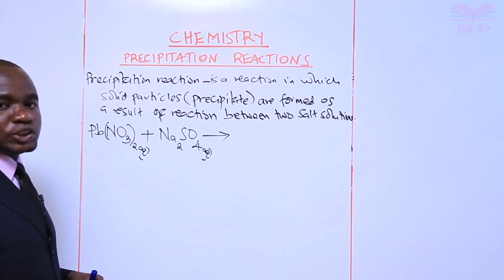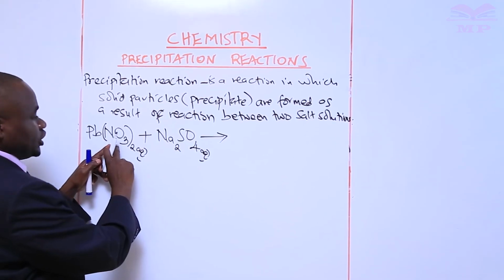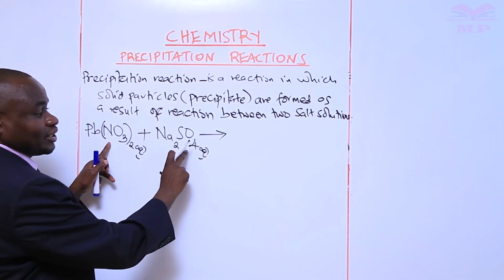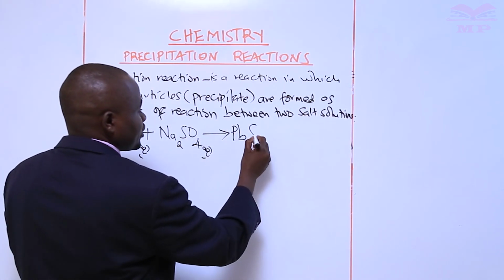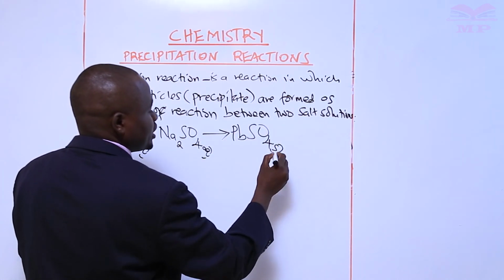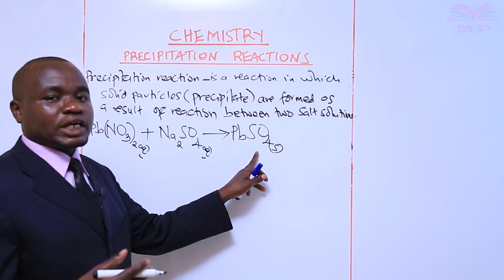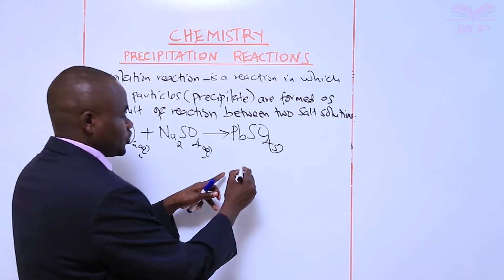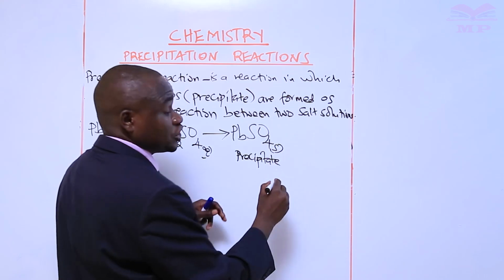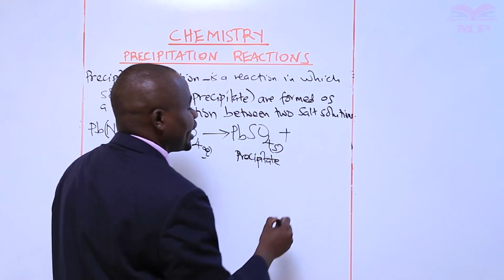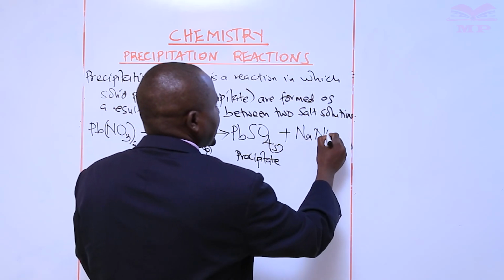So the sodium and the lead will exchange with the nitrate and sulfate. As a result, we shall form lead sulfate. As we know, lead sulfate is an insoluble salt. Therefore, it will come out as a precipitate. It will come out in solid state, and the other product will be sodium nitrate.